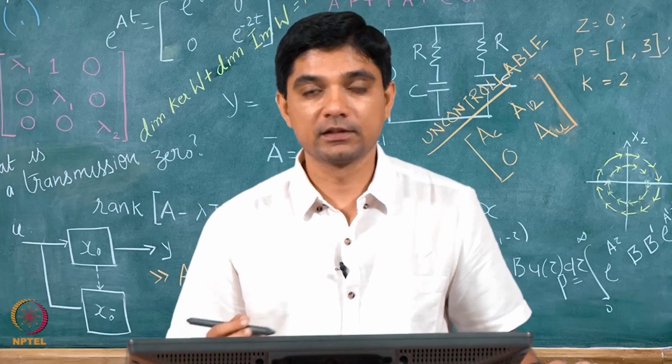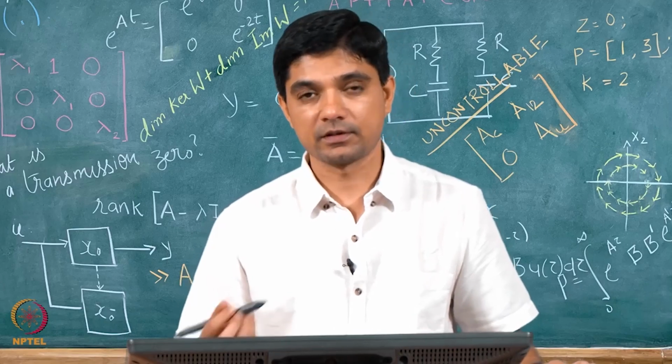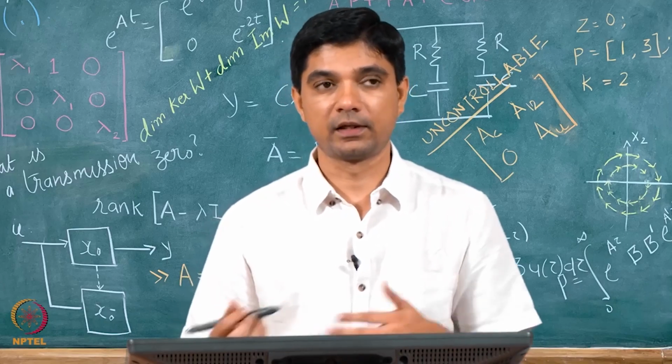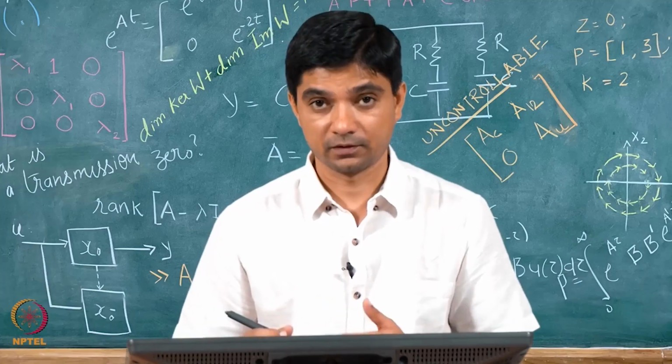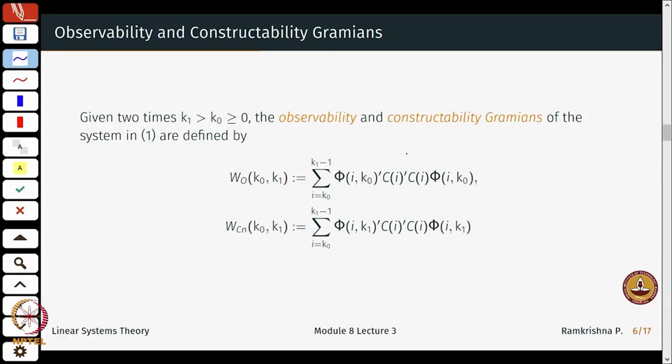Okay. So when this holds, we will first try to construct the equivalent of the Gramian for discrete time systems. So I just define my Gramian here, the observability Gramian, depending on phi, C transpose, and so on, right.